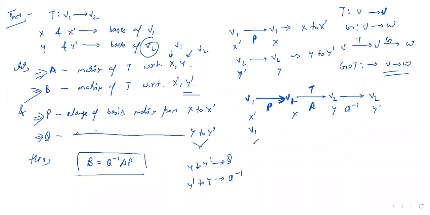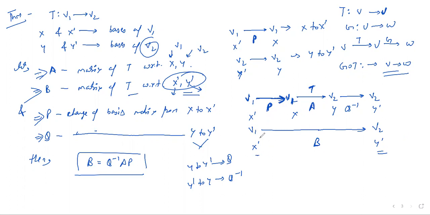I have this vector space V1, whose basis here is x dash, and it goes to V2, where y dash is my basis. We have to find this mapping going from V1 to V2 for the bases x dash and y dash. This is our matrix B, the matrix of T with respect to x dash and y dash, and this is how we can represent the linear mapping here.